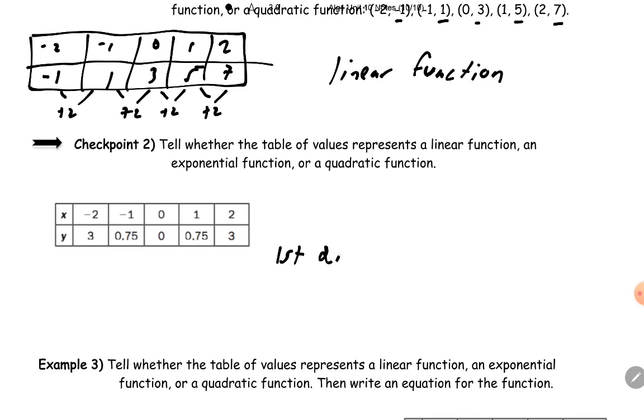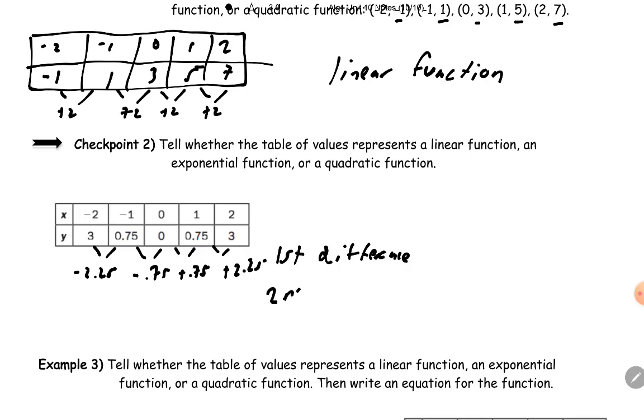The first difference is we find the difference between here and here, which is a -2.25 difference. And then this is -0.75, to get from -0.75 to 0. To get from here to here, we add 0.75, and then we add 2.25. Okay, those are all different. So it's definitely not linear. The ratios are not the same, so it's not exponential.